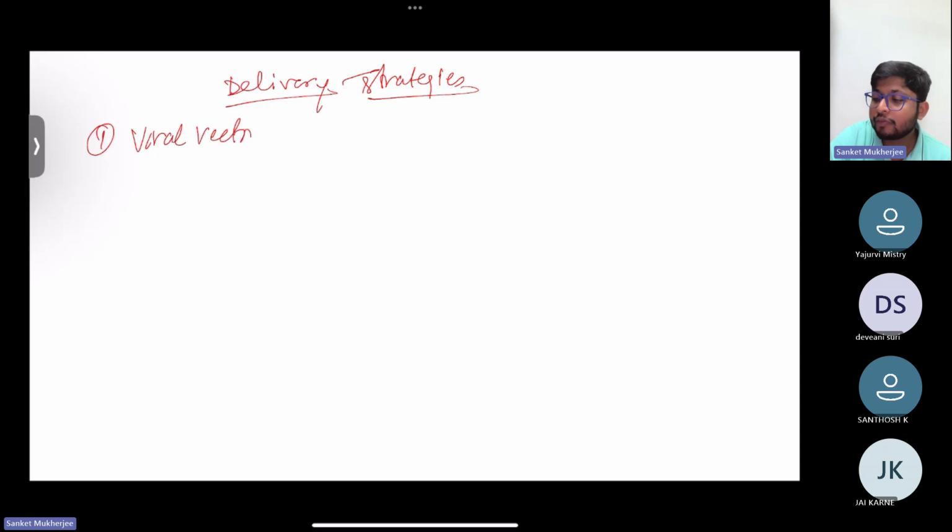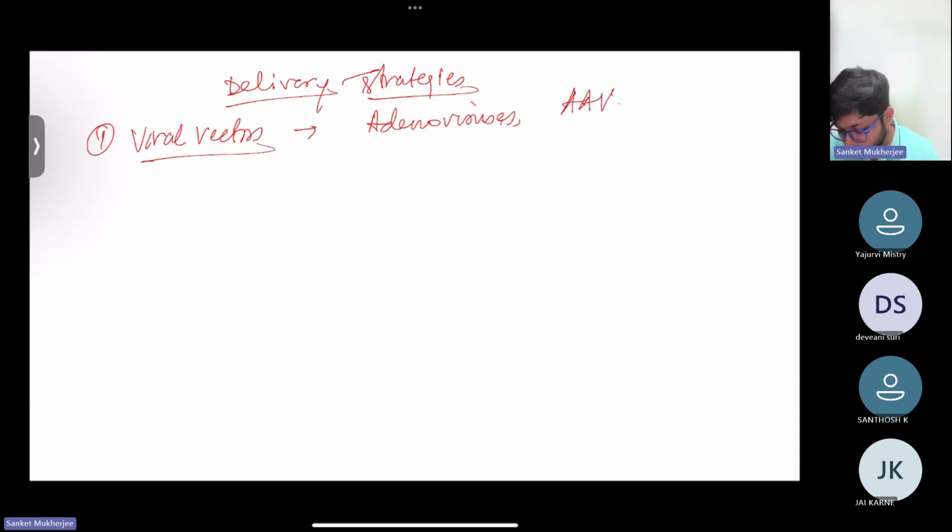If we talk about viral vectors, we are talking about different viruses like adenoviruses, adeno-associated viruses, or lentiviruses, which are routinely used for insertion of genetic elements. These kinds of vectors can be used for delivering the zinc finger motifs as well.